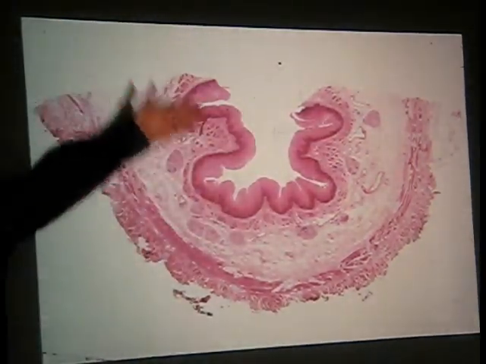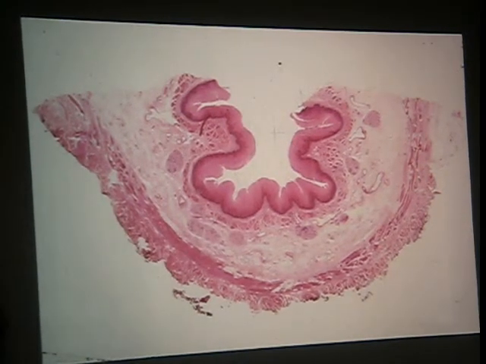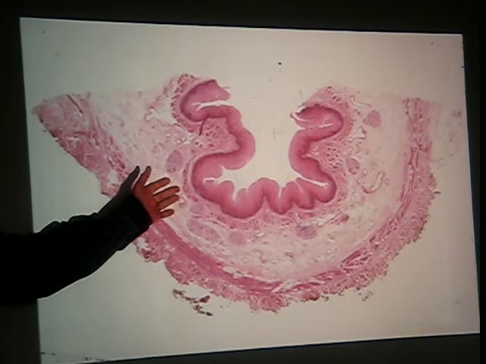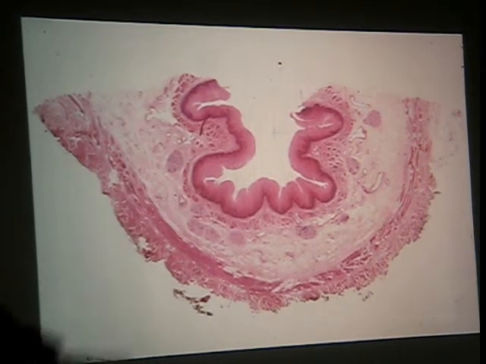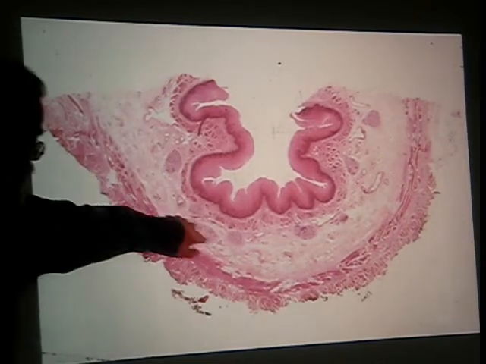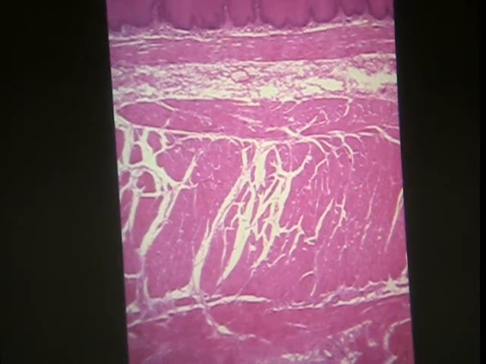And since this is cut in cross-section, the muscularis propria is also in cross-section, which means it's oriented parallel to the longitudinal axis, which has to make this esophagus, right? Here we have some nice esophageal glands. We look at a longitudinal section of the esophagus, and how do I know that it's longitudinal?